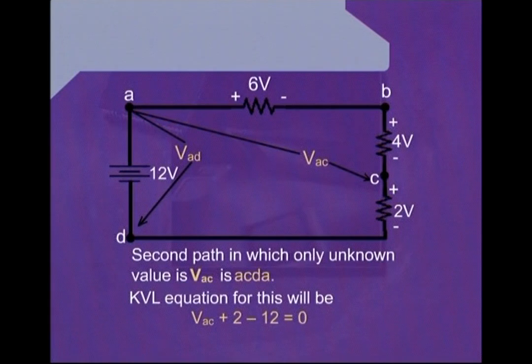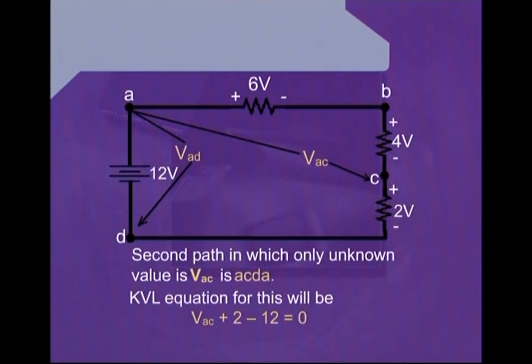Now, because we are going to take the path ACDA, therefore, standing at the point C, we will be facing towards the point D. Once again, we encounter a resistance in between the point C and D. Also, the voltage drop given across this resistance has been marked as 2 volts, and the terminal of the resistance which is towards the point C has been marked as positive.